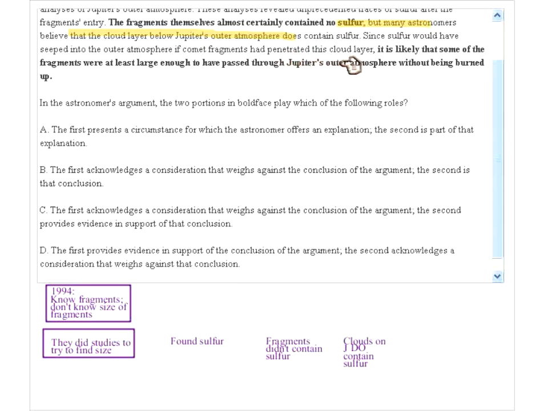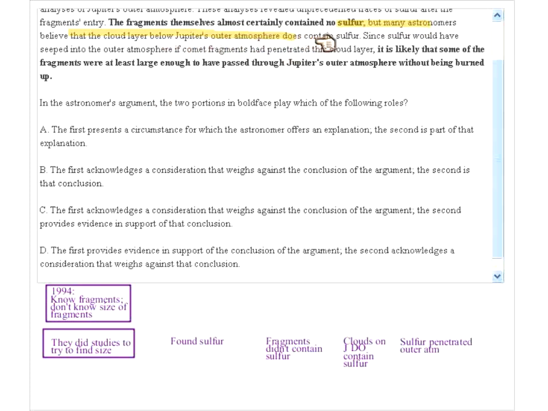Okay. When they say since sulfur would have seeped into, that means, among other things, that sulfur did not seep out there. So the sulfur stayed inside. Sulfur was in the atmosphere. Sulfur penetrated the outer atmosphere.